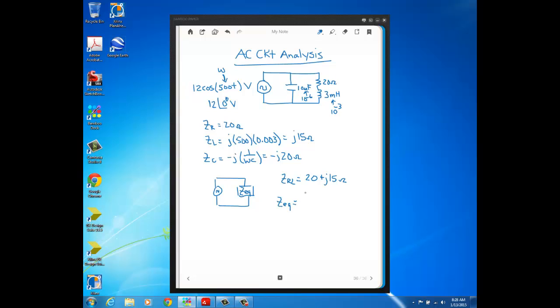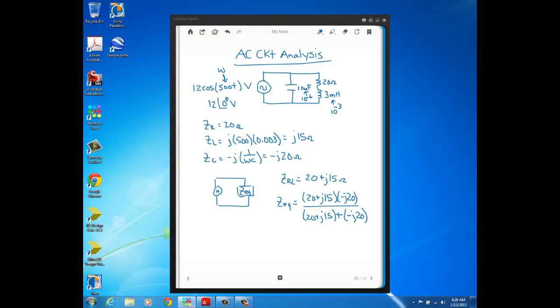Okay, so ZEQ is going to be product over sum, with 20 plus j15 and minus j20, which is the impedance of the capacitor, in the numerator, and we've got the sum in the denominator.